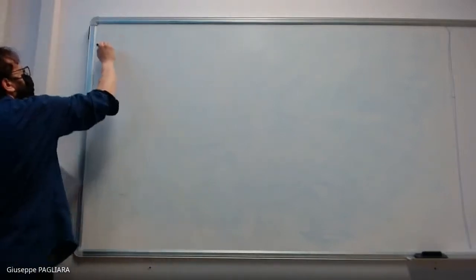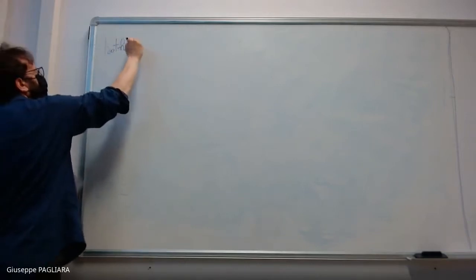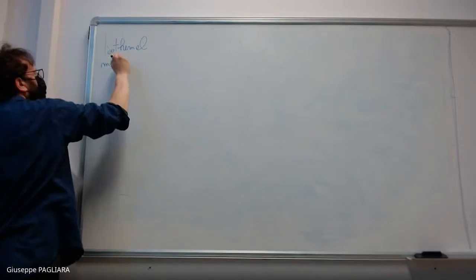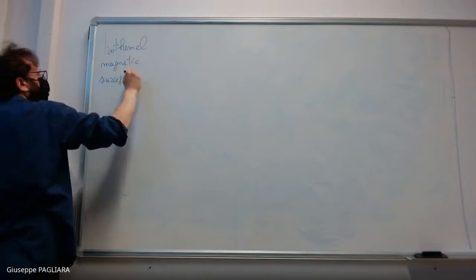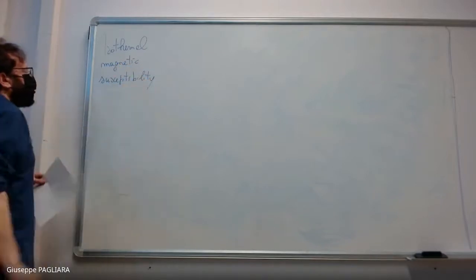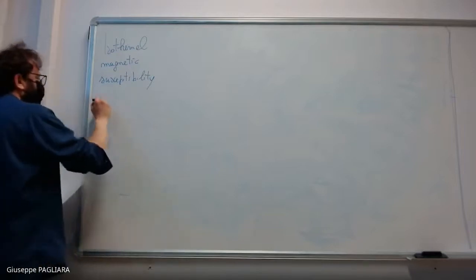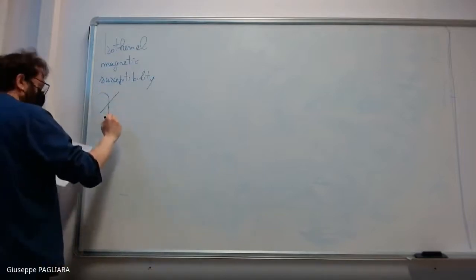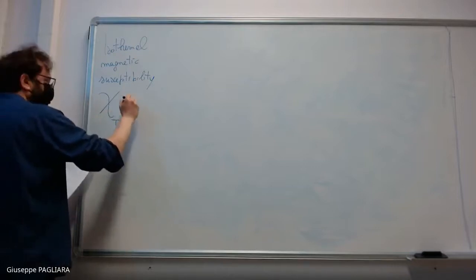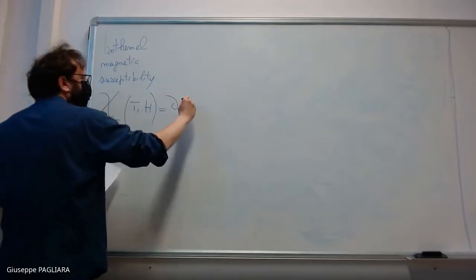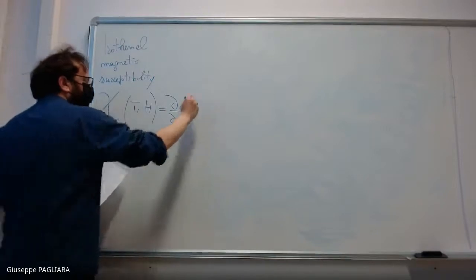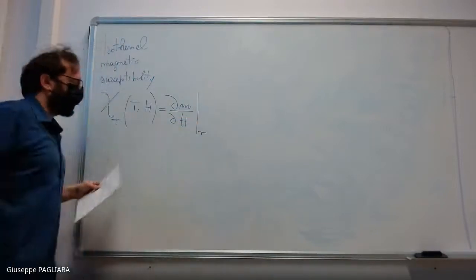So what we do now is introduce the isothermal magnetic susceptibility, which is defined as follows: chi as a function of t and h, and this is the partial derivative of m with respect to h at fixed temperature.